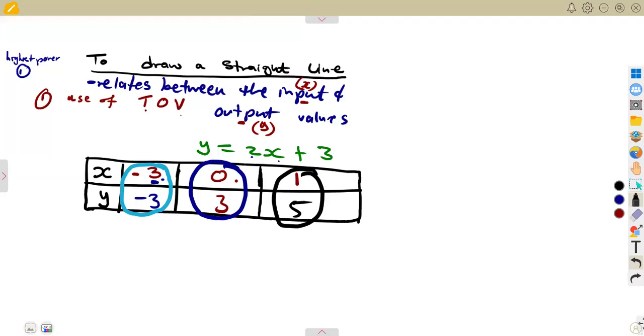As you mark your points, x versus y, x versus y. This part that I'm explaining is the same as what you're going to use on any other graph. Remember input and output values, whether we are talking of a quadratic graph, a cubic function, or an inverse function.